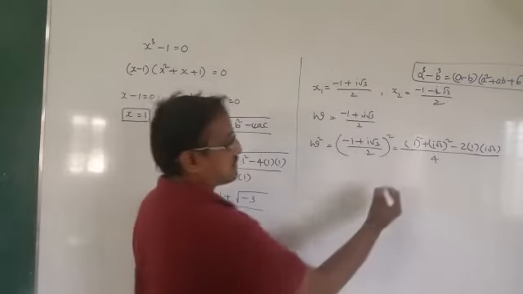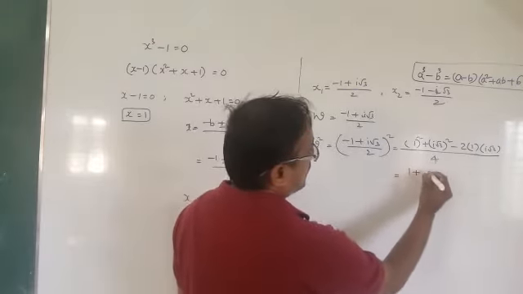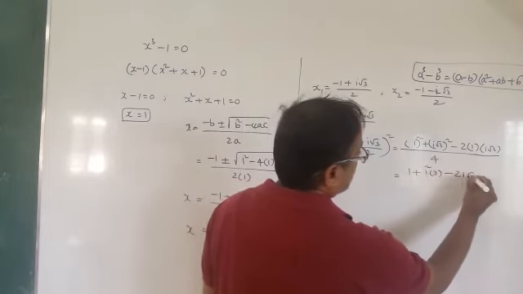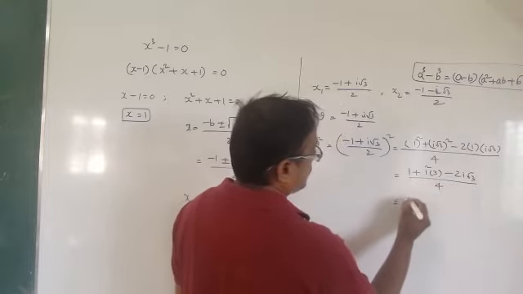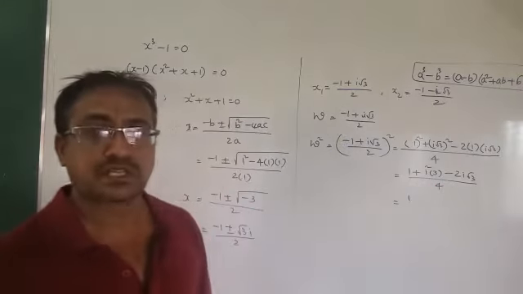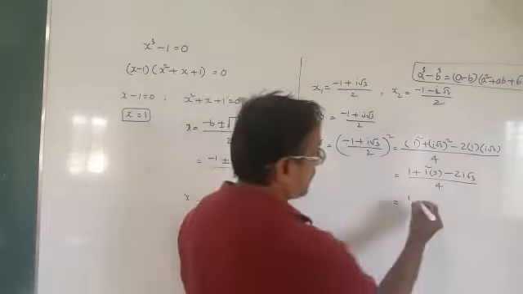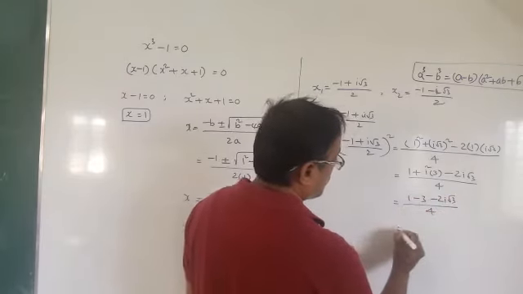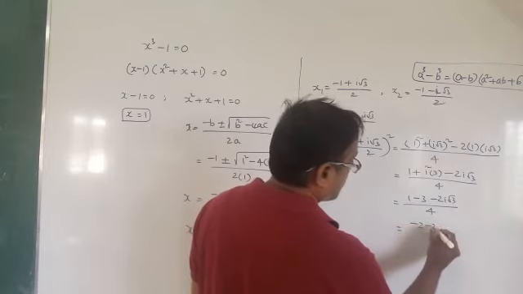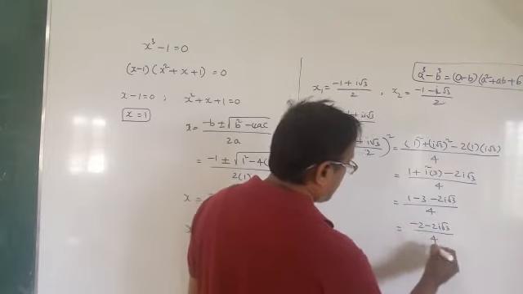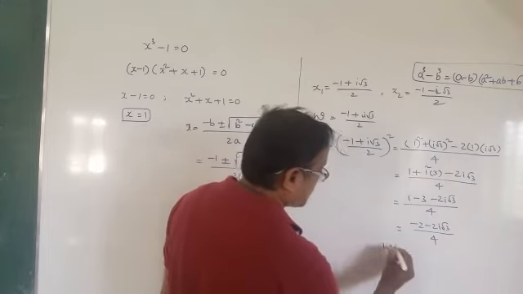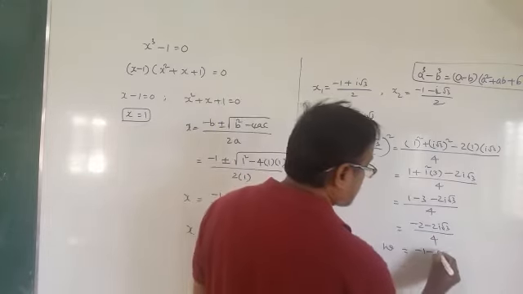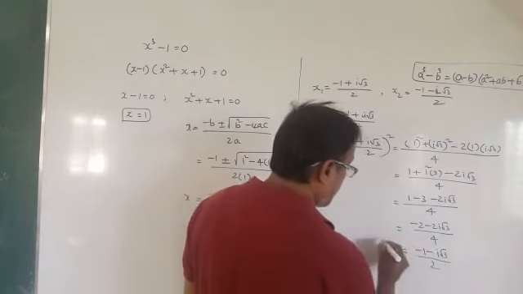Now you will be having 1 plus i square into 3, since root 3 whole square is 3, minus 2i root 3 by 4. You have i square is equal to minus 1. So 1 minus 3 minus 2i root 3 by 4. So minus 2 minus 2i root 3 by 4. Now you can cancel 2 in numerator and denominator. You will get minus 1 minus i root 3 by 2.